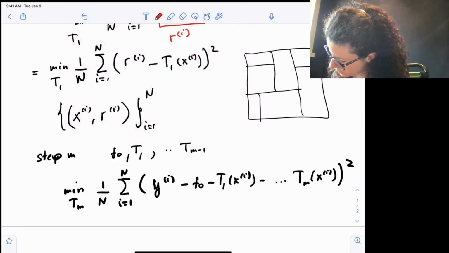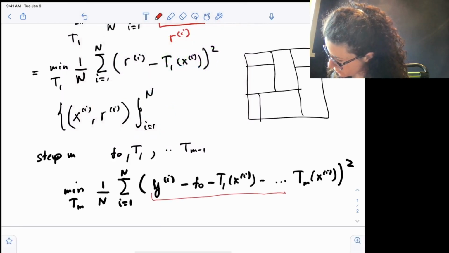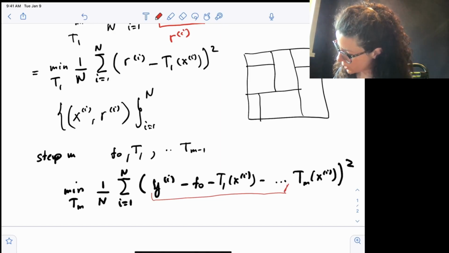And basically again, all of this here until tm minus 1 is our current definition of our residual.